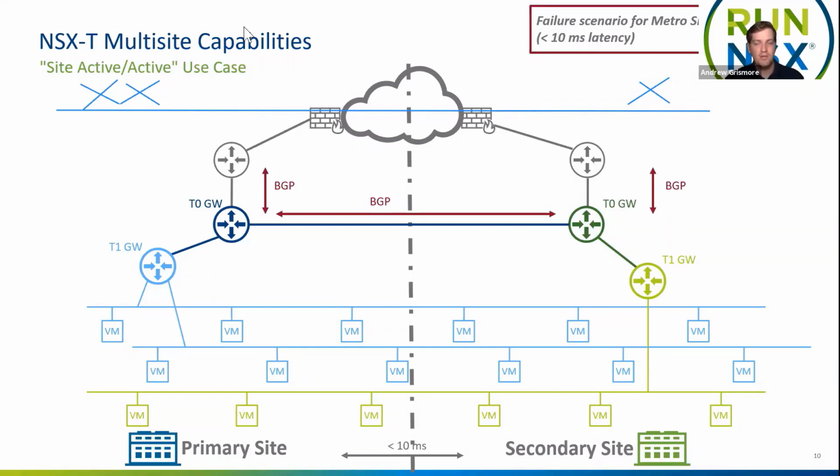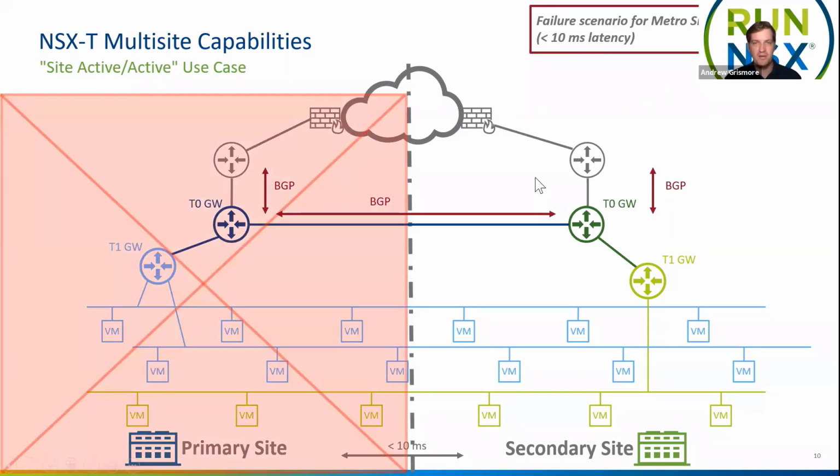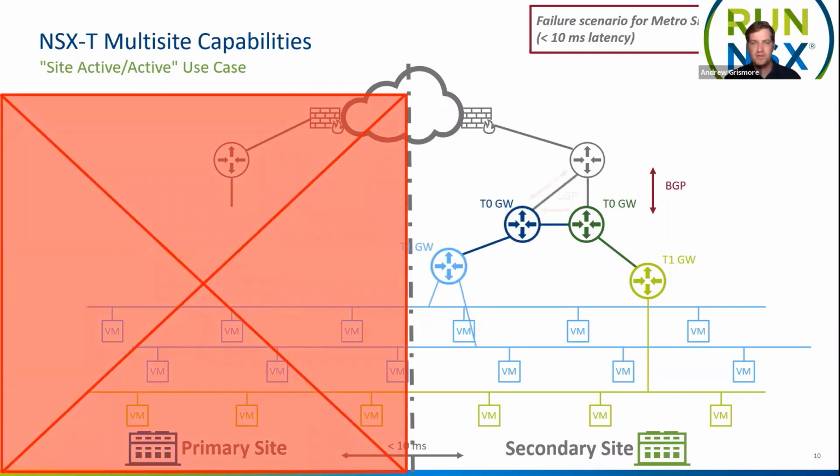So a really cool scenario here that I think most customers really want to take advantage of. And if you're worried about where traffic is going in and out, all you have to do is make sure that your virtual machines are plugged into the appropriate network and live in the appropriate site, and you'll get that egress where you want it to be.